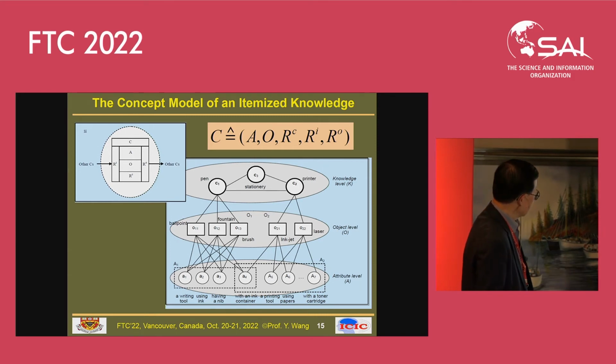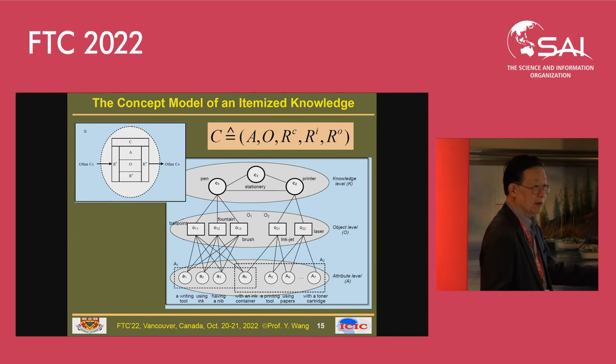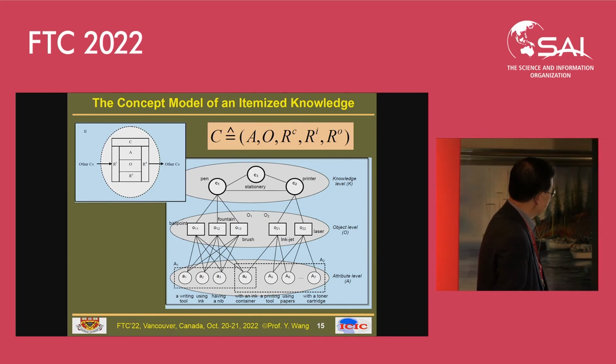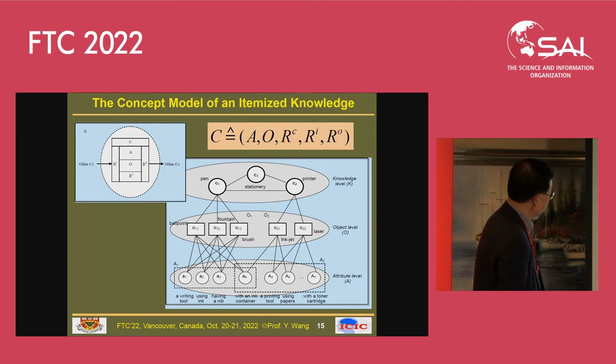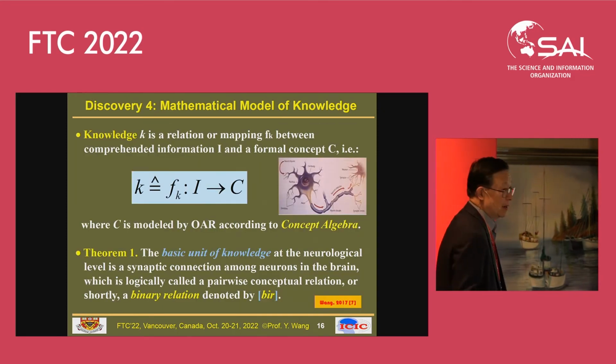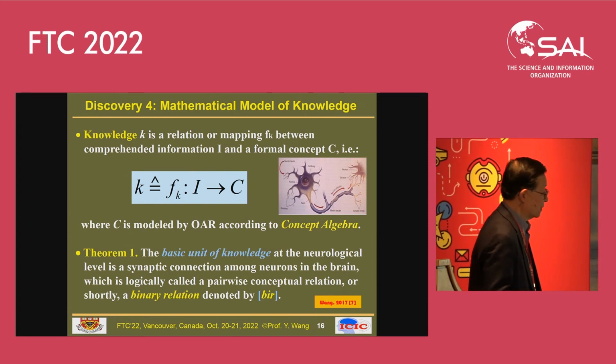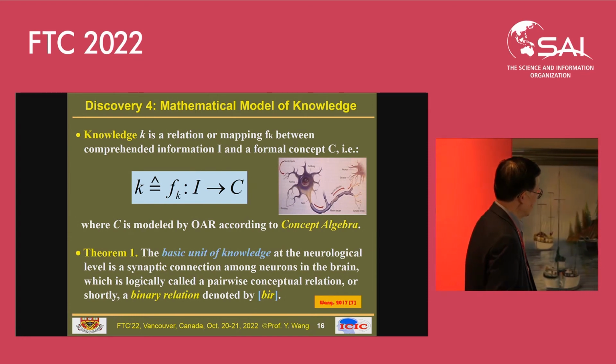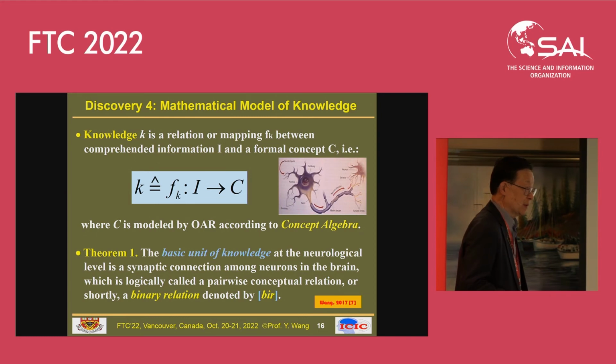This is the basic unit of knowledge representation in the brain. In mathematics, we call it concept algebra, which models our knowledge in its basic structures. Any other thing is a combination of that.